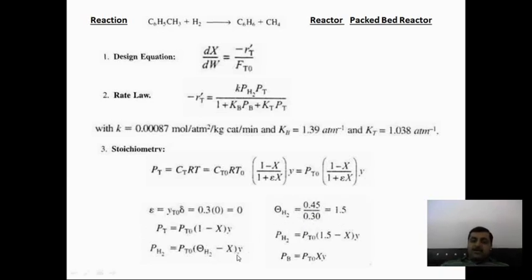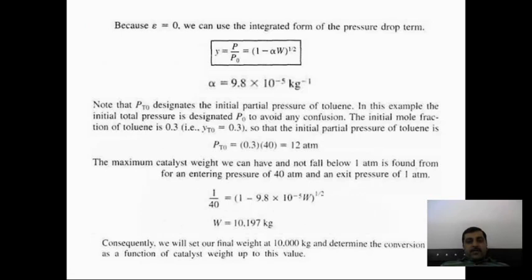Now if we look ahead, we need one more pressure, that is P_B, from the product stream, so that becomes P_T0 times X. Everything is multiplied by a pressure drop term y.